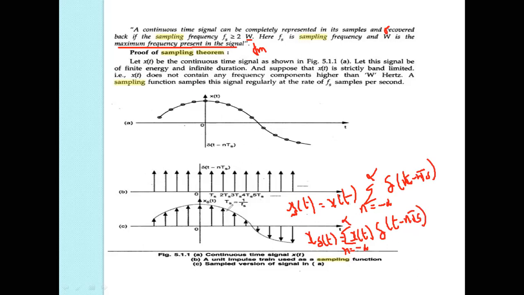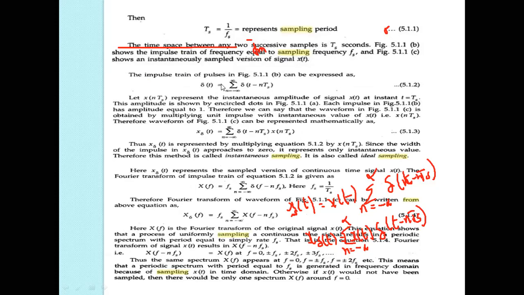After the sampling, you combine the two signals, x of t and the impulse train, and we get this expression: x delta of t is equal to the sum of n equal to minus infinity to infinity of x of t delta of t minus n Ts.